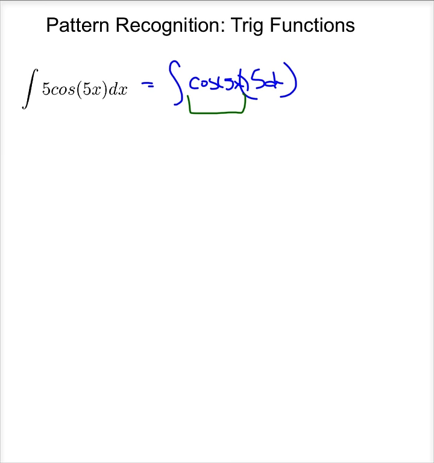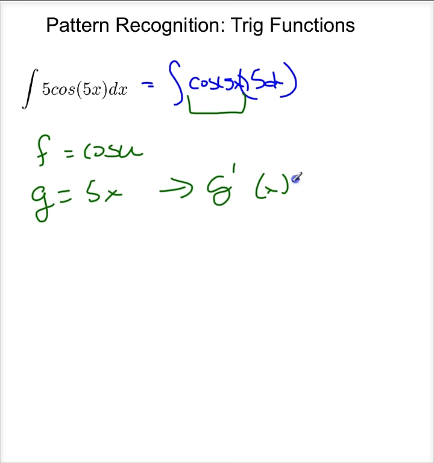Well, my outside function is quite clearly cosine of u. And let me do the u substitution here because I think it's easier. G in this case is 5x. So g prime of x is 5 dx. So I have g prime right here, and this is my outside function.